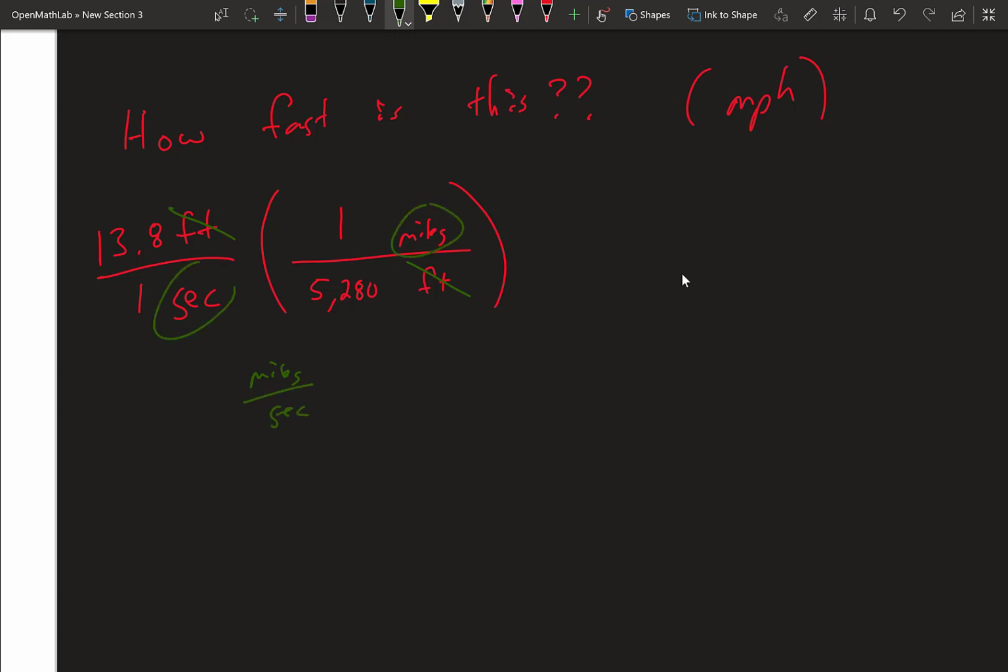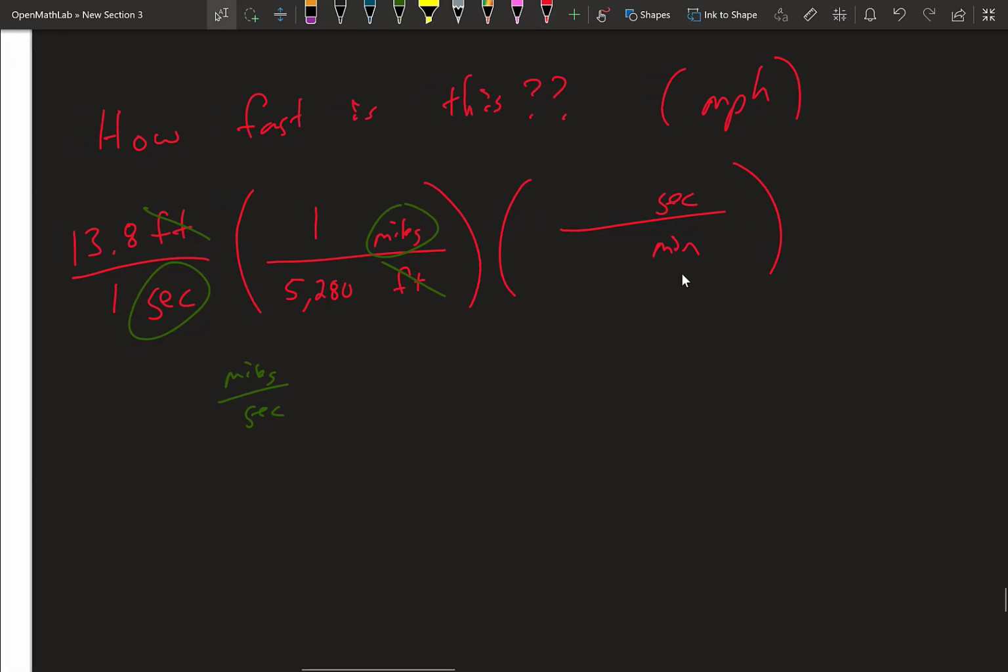Then I want to leave the miles alone, but get rid of the seconds. I eventually want to get into hours, but it might be easier to go to minutes first. There's 60 seconds in 1 minute, so now the seconds will cancel, and the unit that we're in is miles per minute.